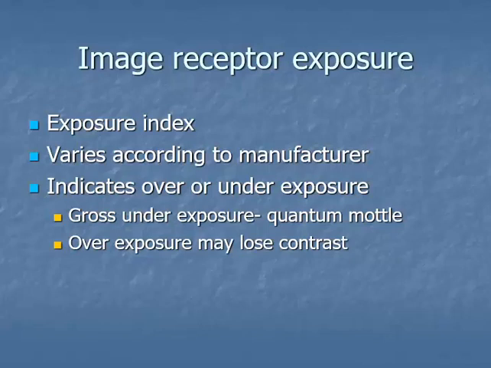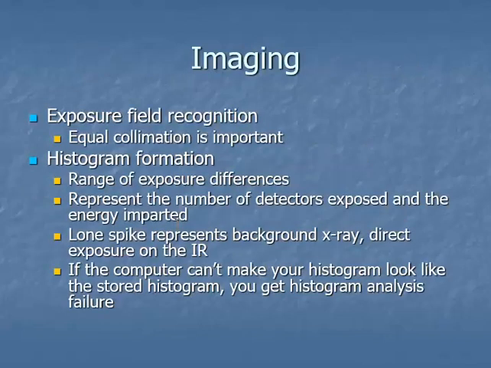So if, let's say, you shot a hand, and you didn't collimate very tightly, and you got a lot of direct exposure to your image receptor, then your machine can't really detect where the edge of the soft tissue was. It can detect it and present it as an image, but it doesn't really know what the edge of the anatomy looks like.